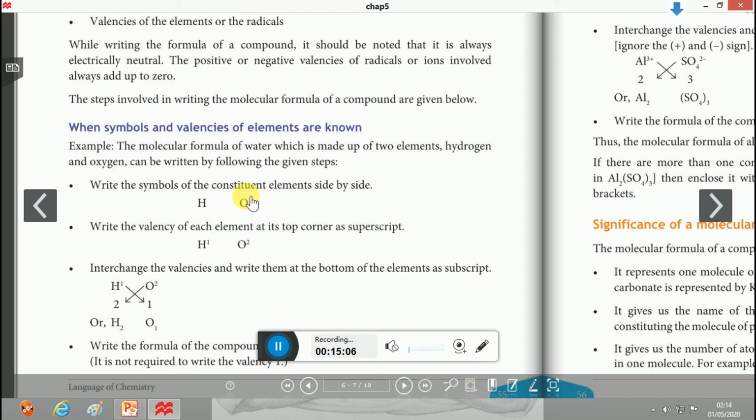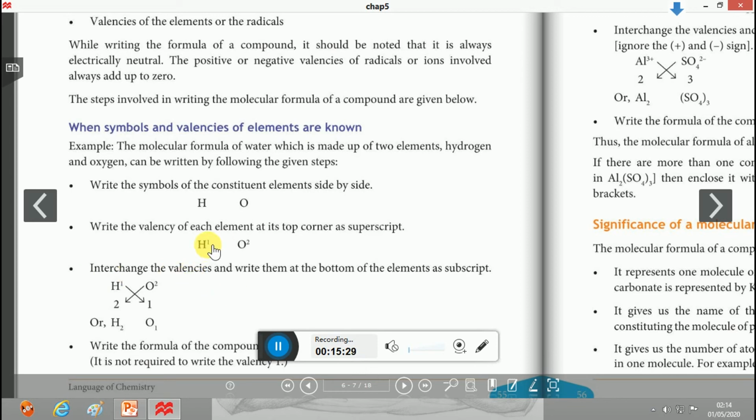And oxygen is an acidic radical. You have to write the valencies of each element on the top corner as superscript. So hydrogen 1, oxygen 2, and you have to just interchange the valency.